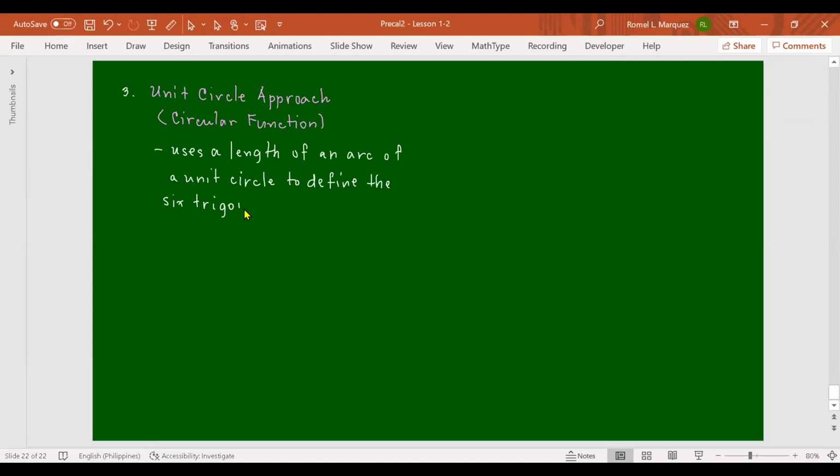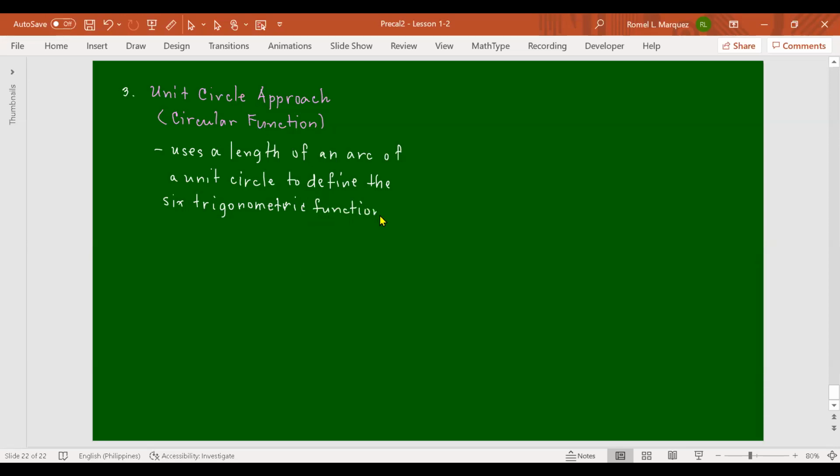Actually, calculus is based on real-number trigonometric functions. And it is where the second definition of trigonometry comes from. There is no triangle, so circular, the six trigonometric functions.